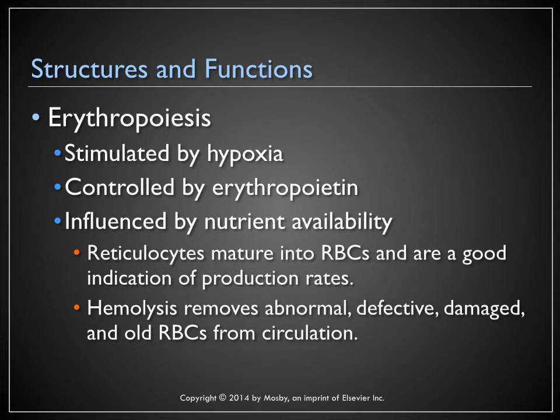Erythropoiesis is the process of RBC production and is regulated by cellular oxygen requirements and general metabolic activities. Erythropoietin is a glycoprotein growth factor synthesized and released primarily by the kidney that stimulates the bone marrow to increase erythrocyte production.